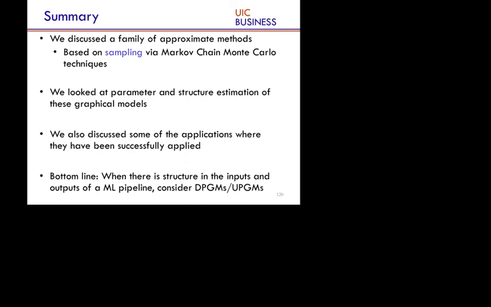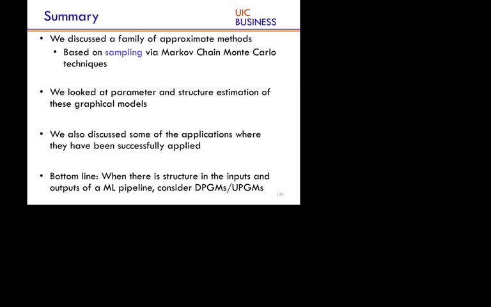Next, we looked at parameter and structure estimation for these graphical models. For Bayesian networks, at least the parameter estimation was easy, but structure estimation was complicated, and in fact, for undirected graphical models, the parameter estimation involved inference. We've also looked at some applications, and the keywords you should remember are GMMs, HMMs, LDA, and CRF.